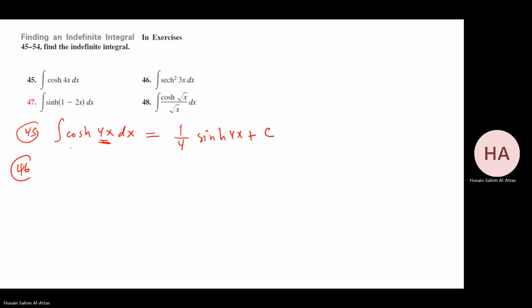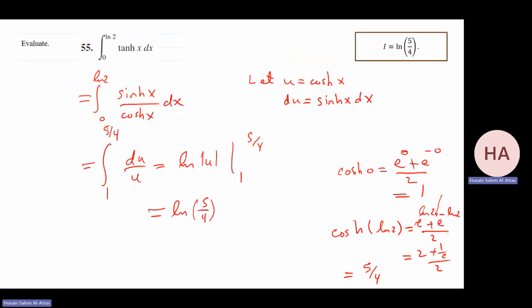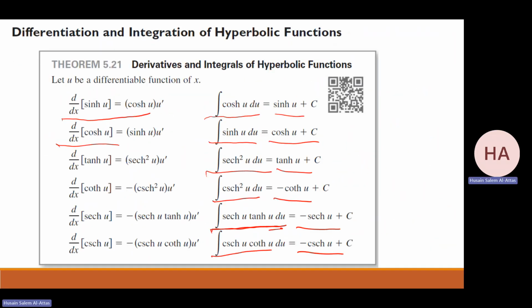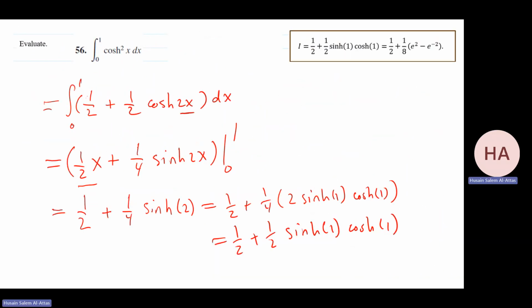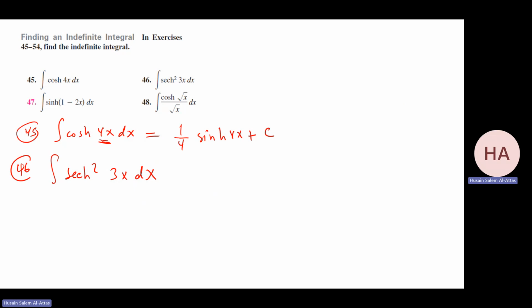46. Integral of secant hyperbolic squared 3x dx, which for sure I will use this formula. So I will make it u. You can do it in steps, or you can do it quickly.